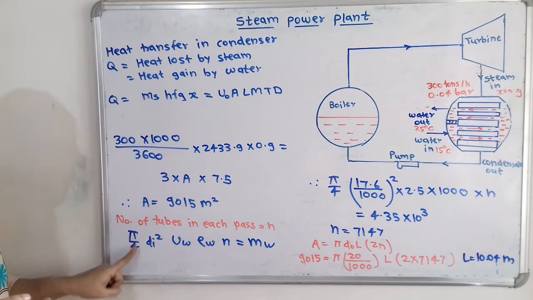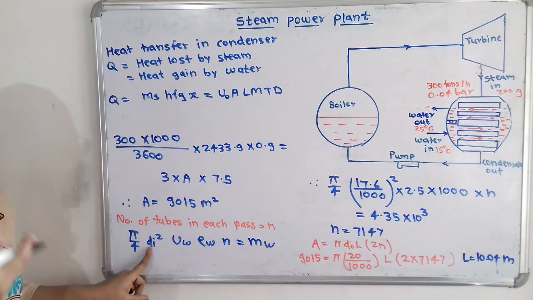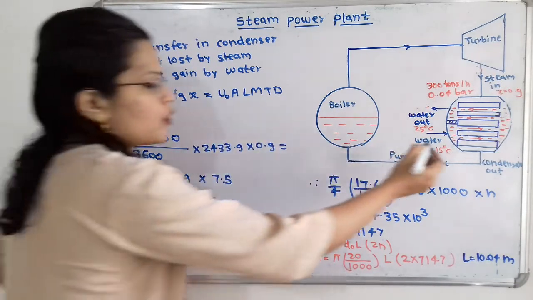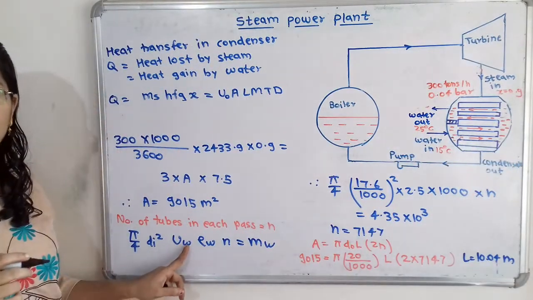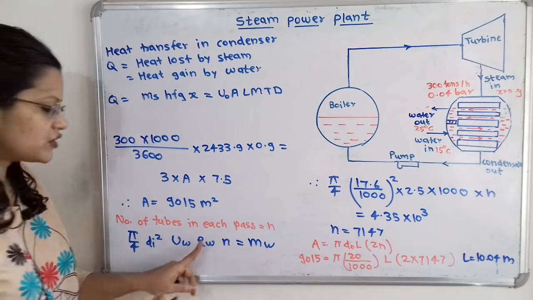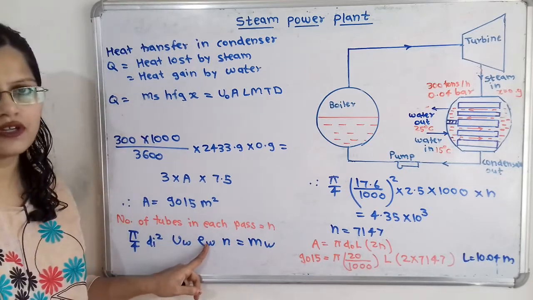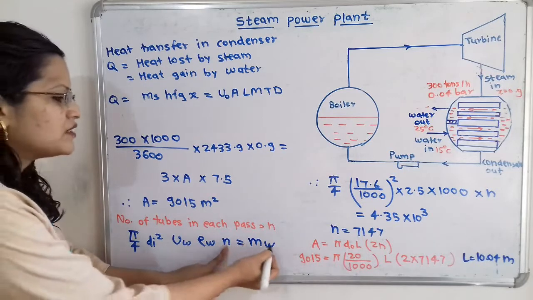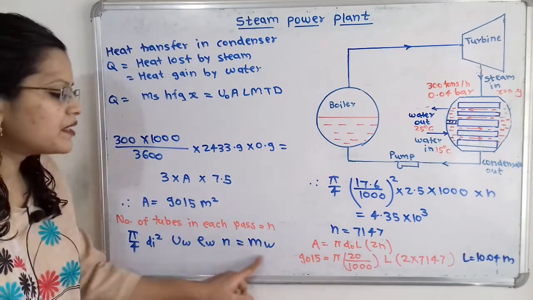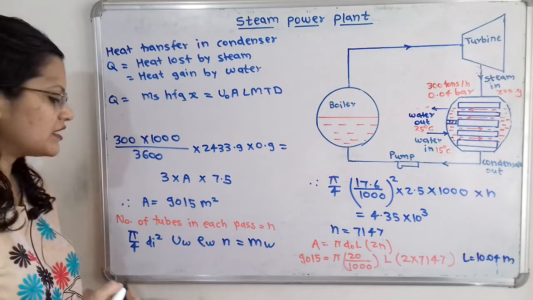So here, pi by 4 d_i squared. Why d_i? Because water is flowing inside the tube. Multiplied by the velocity of water, which is also given in the question, multiplied by the density of water, which is 1000, multiplied by N, which is equal to m_w. The m_w we have already calculated.